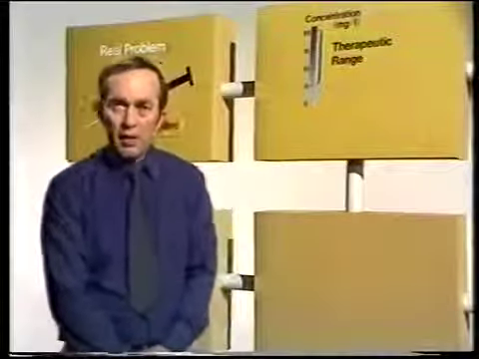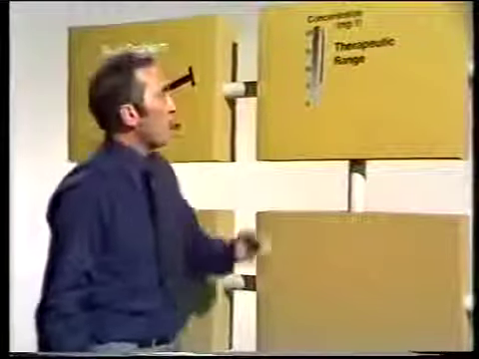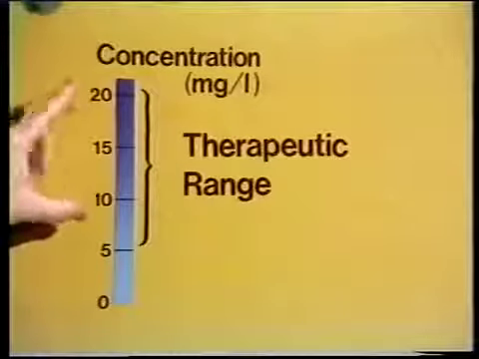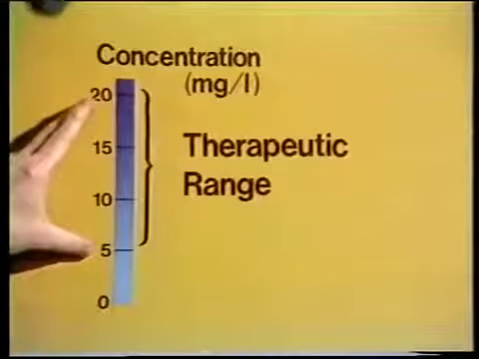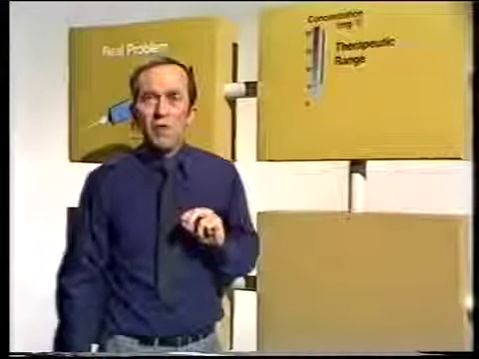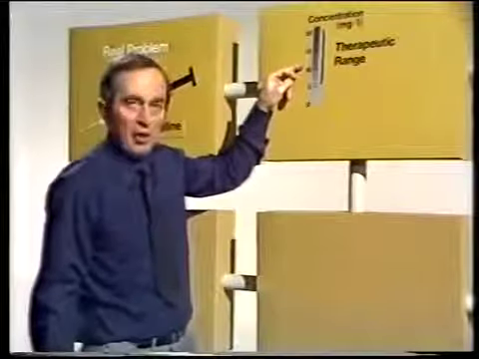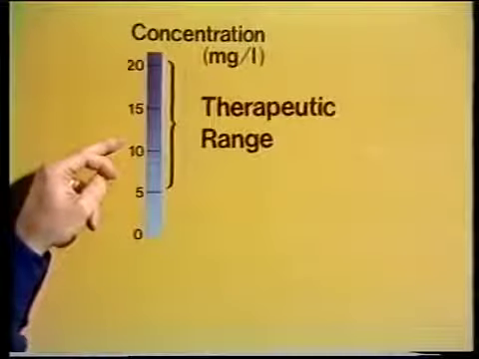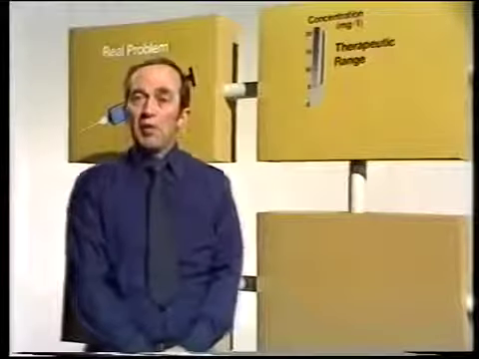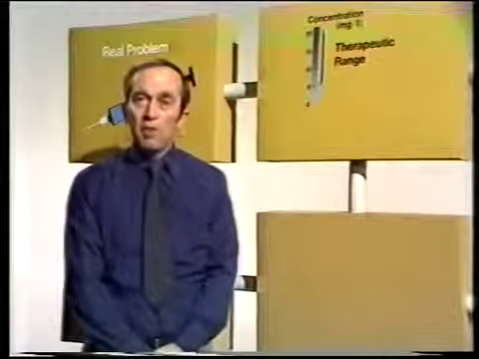So that's the problem. To administer this drug so as to achieve a concentration somewhere between 5 milligrams per litre and 20 milligrams per litre, somewhere in this therapeutic range. I'm going to assume that the doctor is in fact going to aim for the centre of this therapeutic range, for a concentration of 12 milligrams per litre. Now, of course, if you want to produce that concentration, then all you have to do is to make up a suitable dose according to the amount of blood plasma that the patient's got.